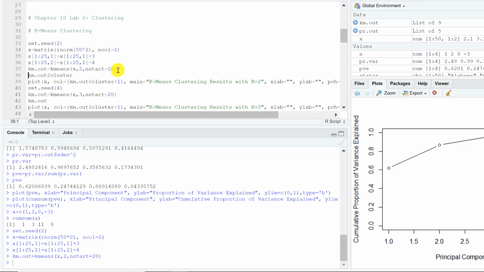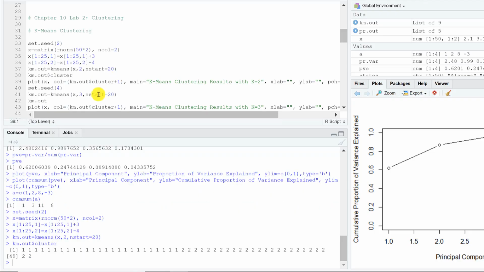And now we've run k-means. The command in R to run k-means is conveniently enough, appropriately enough, kmeans. Here's our data. We're going to do 2 means, and we execute our k-means, and now we can look at the clusters that have been assigned, and k-means did a good job. The first 25 points have been assigned to cluster 1, and the next 25 points have been assigned to cluster 2.